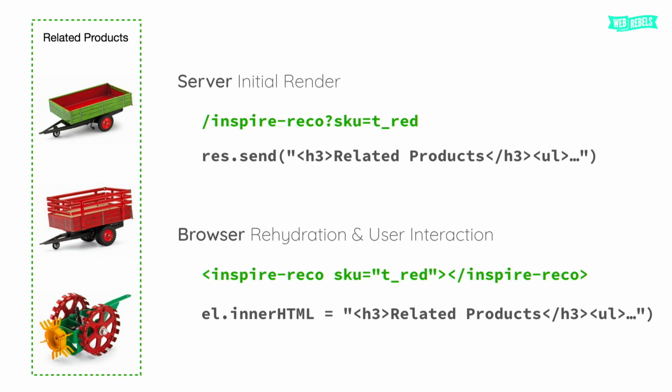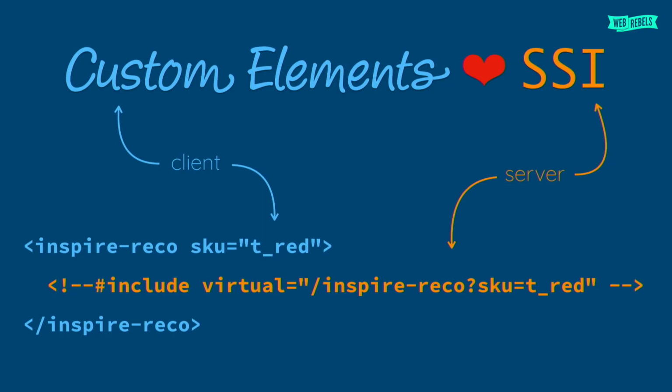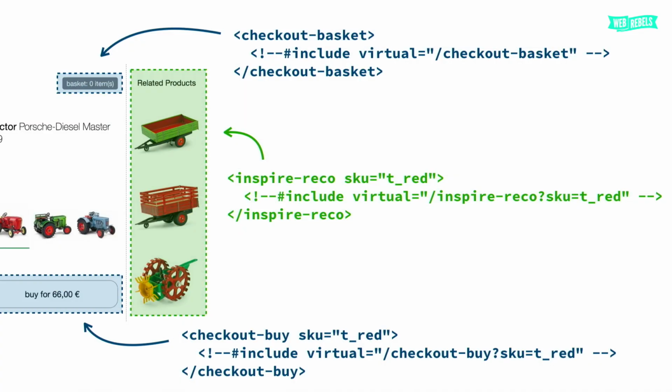And we can combine both approaches so that on the first load, you get the content of the custom element rendered from the server. And from there on, the client can handle further interactions. So when an attribute changes, the client can fetch data and re-render the content without having to contact the server for HTML or refresh the whole page. Okay, and this is what the example would look like.